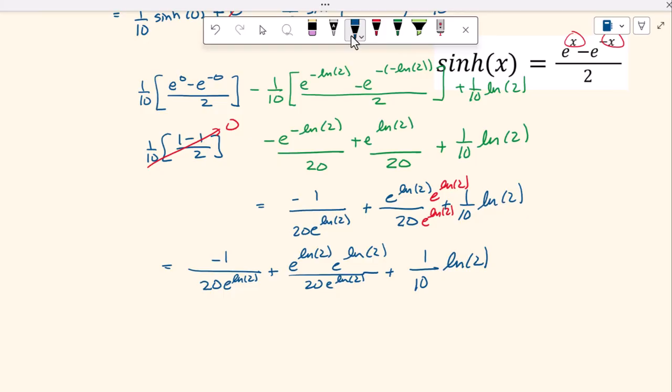Okay, so e to the ln of 2 is just 2. So this is negative 1 over 20 times 2. This piece is also 20 times 2 in the denominator, but let's look at the numerator. This would be e to the ln of 2 times e to the ln of 2. When you multiply like bases, you add exponents. So this would be ln of 2 plus ln of 2 is 2 ln of 2.